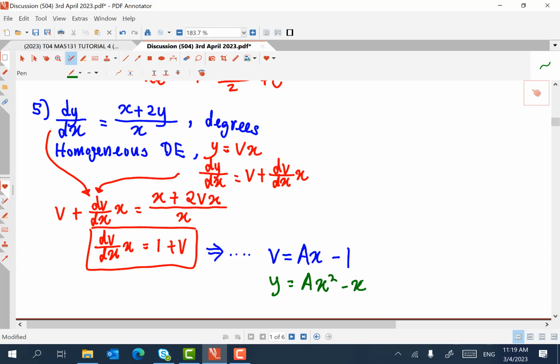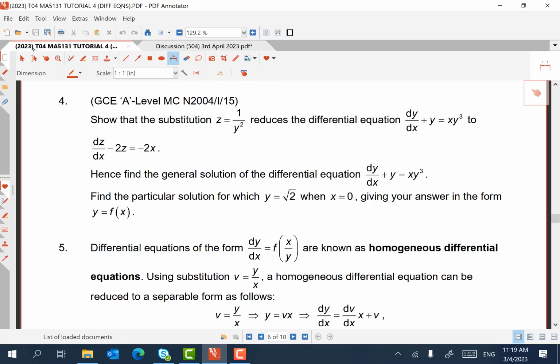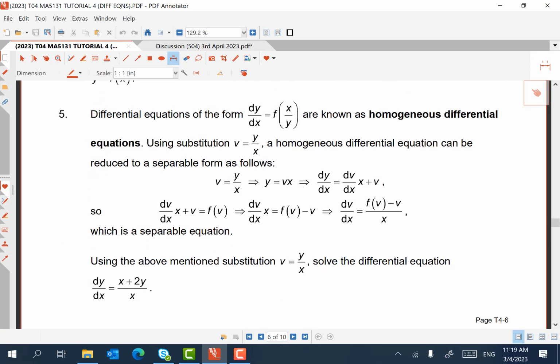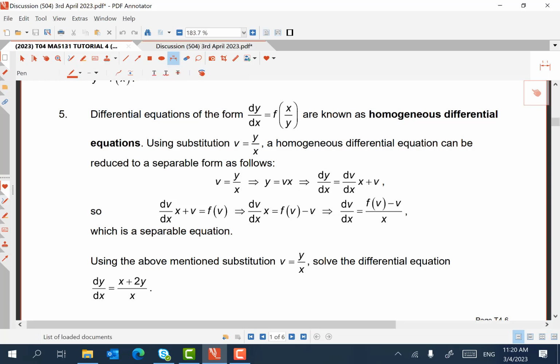Okay, that is number 5. So number 5, you see, the writing is too much, and I think if I were you as a student, I would get very confused about what they're trying to tell me. I myself, when I read it, find it too heavy. It makes it look so hard, but actually it's just like that.